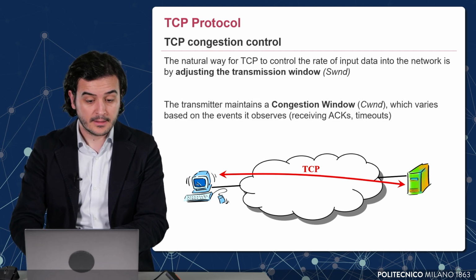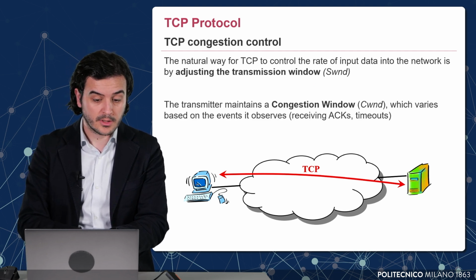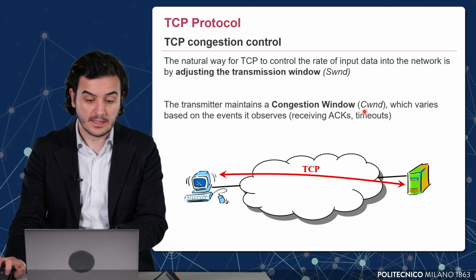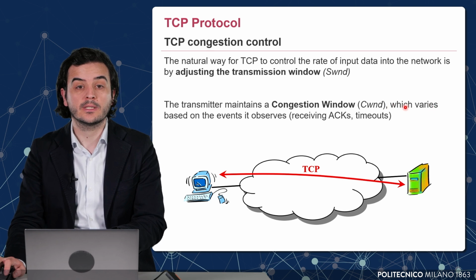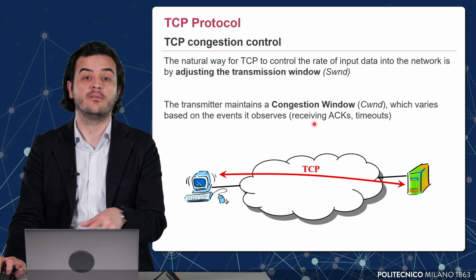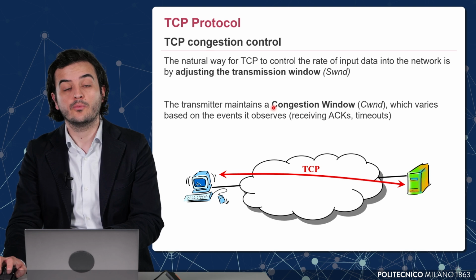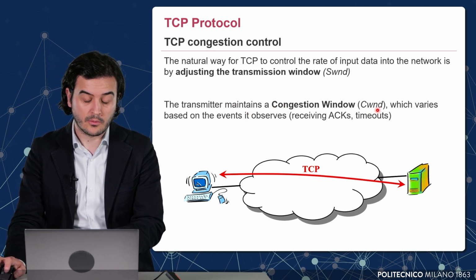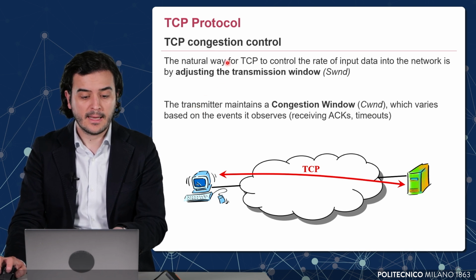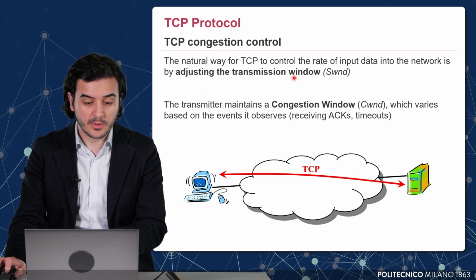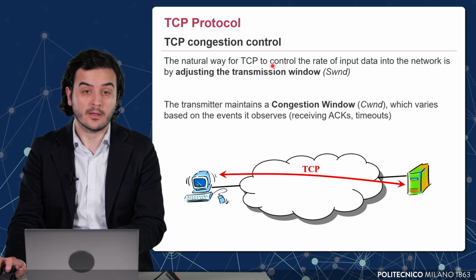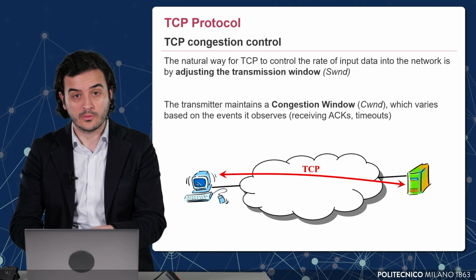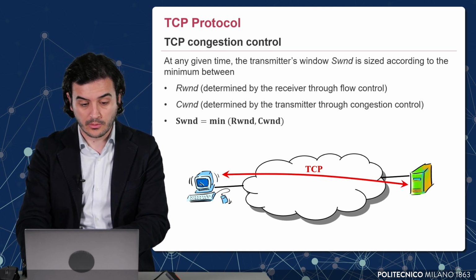The transmitter will also maintain a congestion window, denoted as CWND, which will vary based on the events that it observes. Previously we had defined the receiving window. Now we have defined the congestion window, which characterizes the transmitter, and we have also defined the transmission window, which is a main characteristic of the TCP protocol and allows it to also handle congestion control.